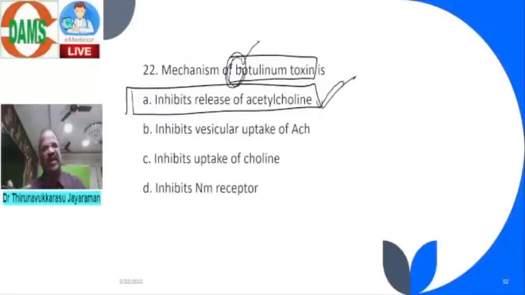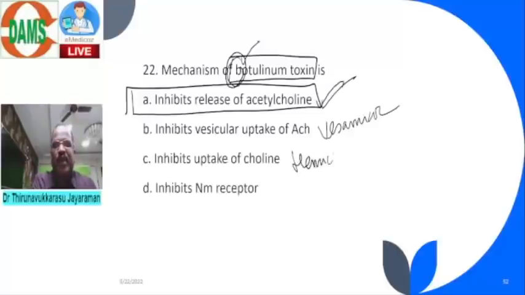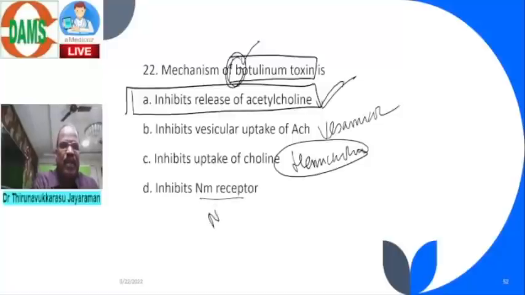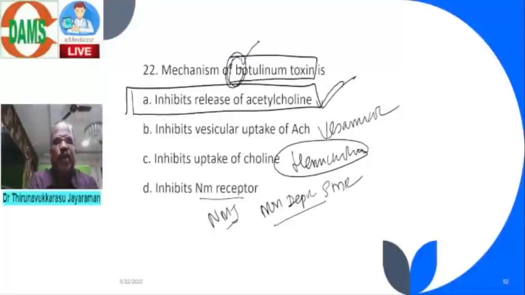So in the regular class we discussed inhibiting vesicular uptake. It is by vesamicol, inhibiting vesicular uptake of ACh. Inhibiting uptake of choline is hemicholinium. Inhibiting the NM receptor seen on the neuromuscular junction is blocked by non-depolarizing skeletal muscle relaxants like atracurium, pancuronium, vecuronium, rocuronium.